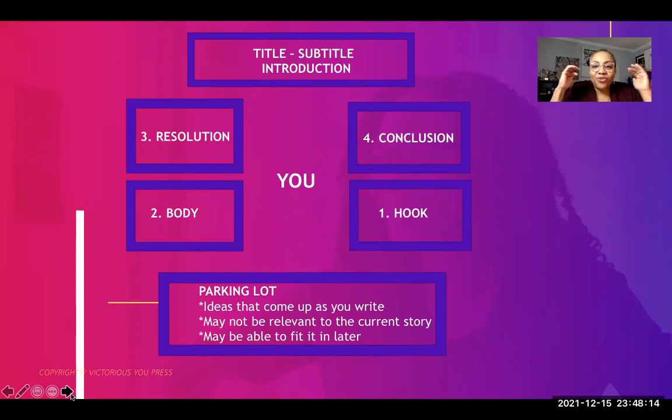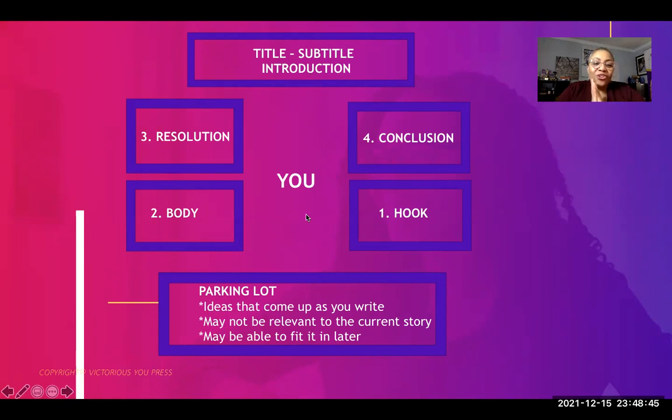So I want to draw your attention to the components in the center that is on either side of you, right? So you are in the middle right here. This book is about you and the content that you are writing, so you're placed in the middle. The boxes on either side of you, to the left and right of you, are very important. And so is the box at the top and at the bottom.